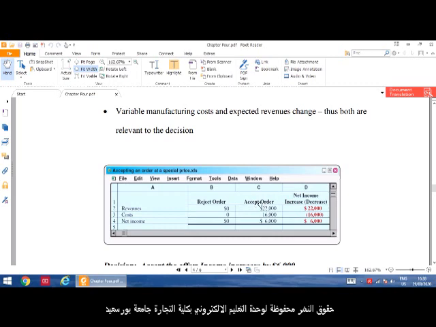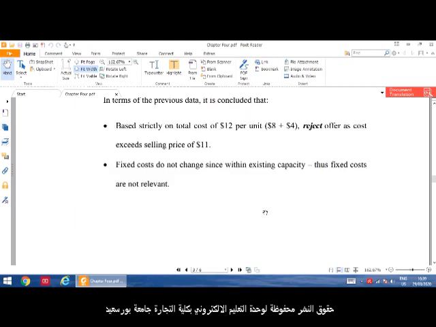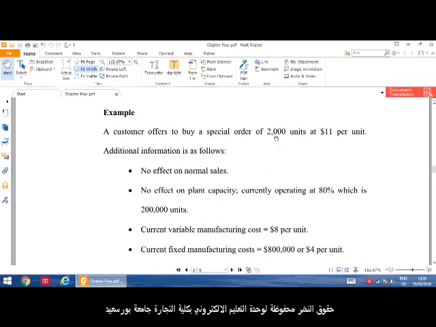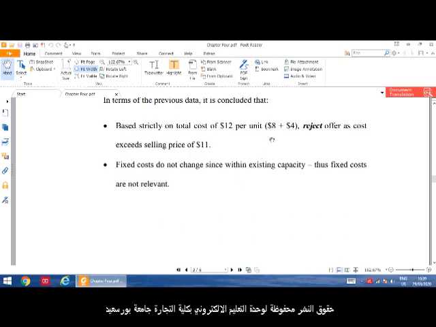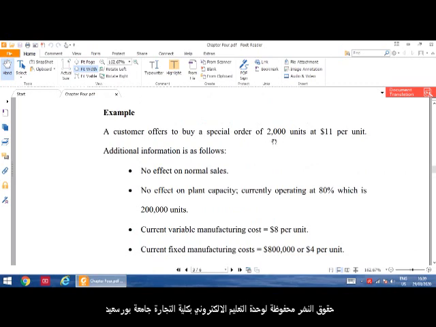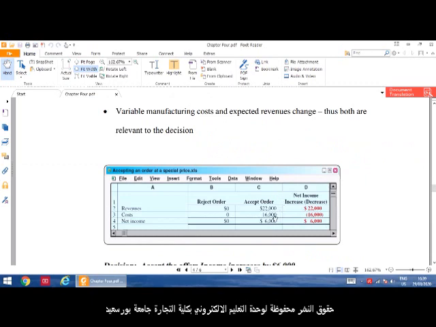Under the alternative of accepting the order, revenue $22,000, 2,000 units multiplied by $11, is 22,000. And the variable cost is $8, so 2,000 units multiplied by $8 is $16,000 variable cost.